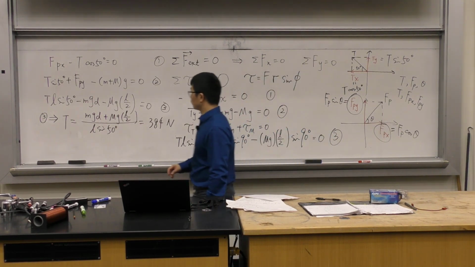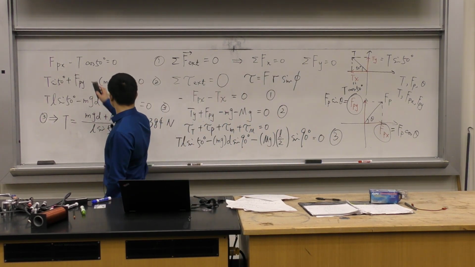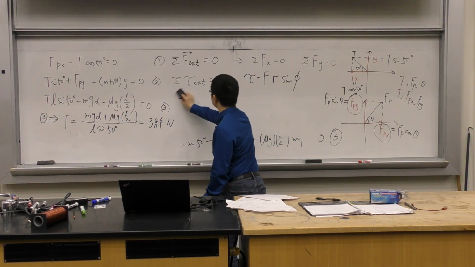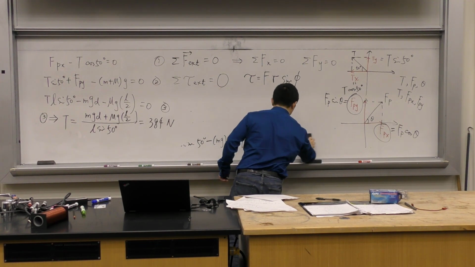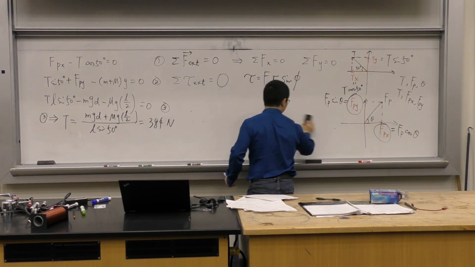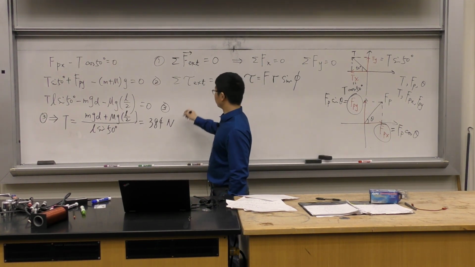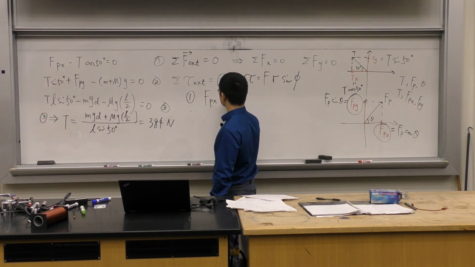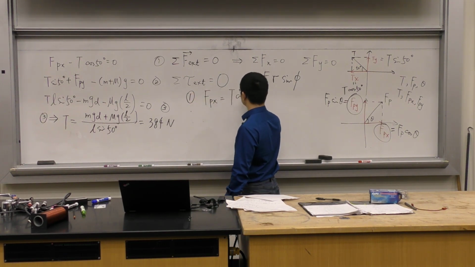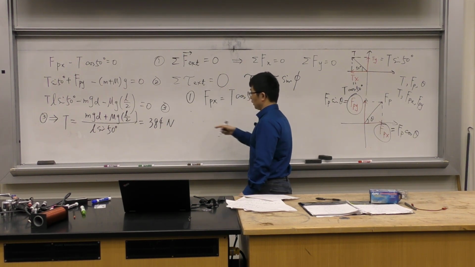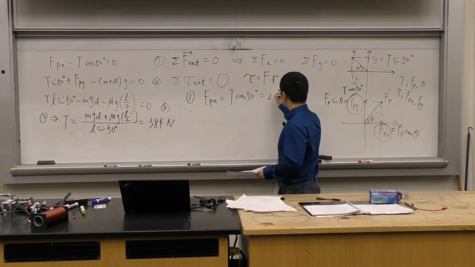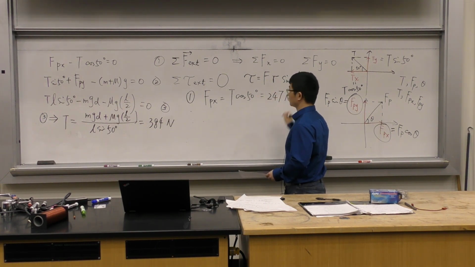Then you can go ahead and plug it into the first equation to find the x component, and plug it into the second equation to find the y component, right? So for example, if I plug into the first equation, this is just going to be T cosine 50. Plug this number in. This number I found is 247 newtons.